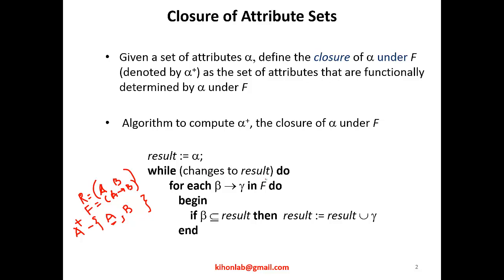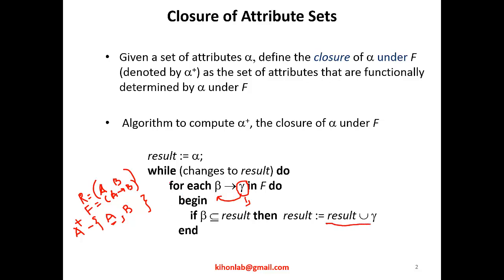While changes to result do: for each functional dependency alpha derives gamma, that is gamma is dependent on alpha, in F do begin; if beta is a subset of result, then result is equal to result union gamma. It means this newly identified attribute, which is functionally dependent on some other attribute, we are going to add into the resultant attribute closure.